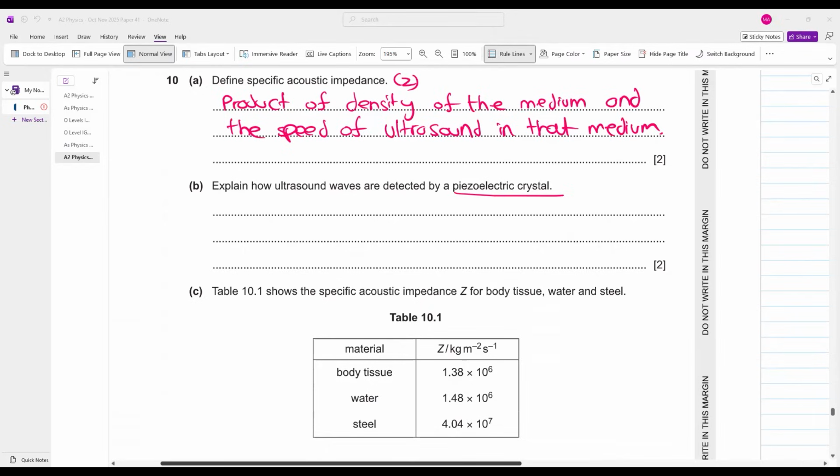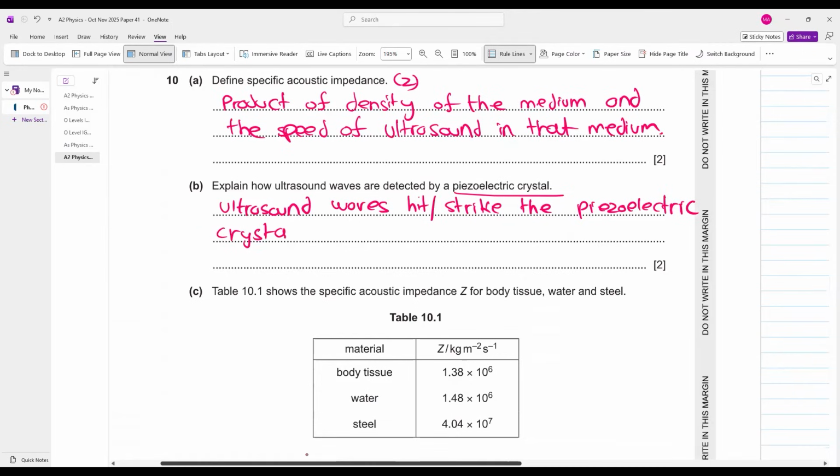You will say ultrasound waves hit the crystal and cause it to vibrate.